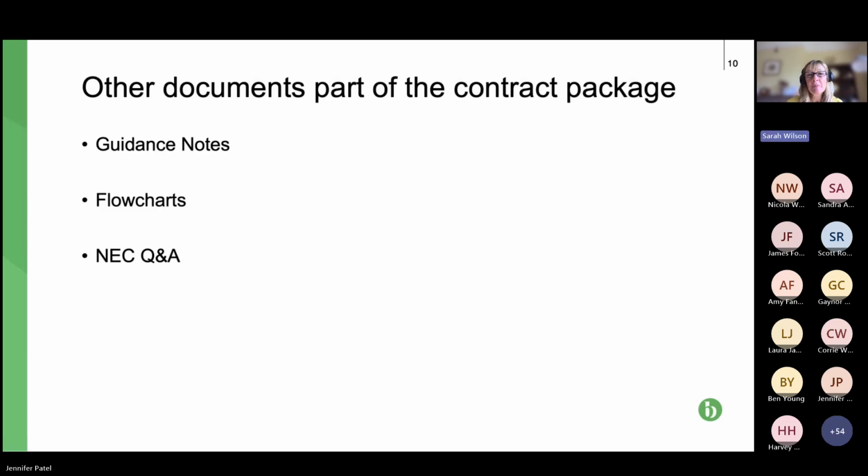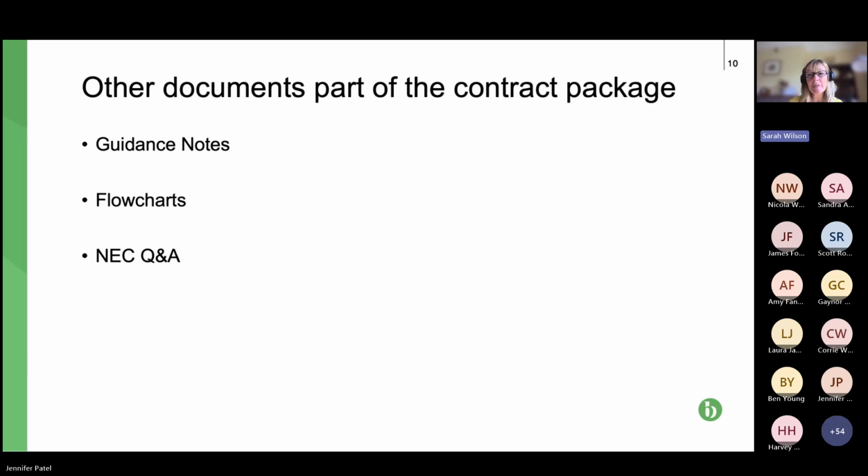So other documents part of the NEC package, we've got guidance notes, which I often talk about. Very good just for checking what they say about a clause, but sometimes they also refer you to elsewhere in the contract where a remedy is given for not complying with a clause.